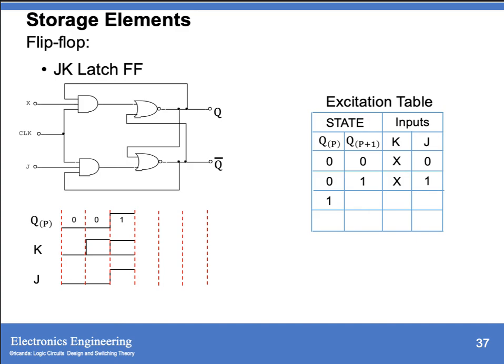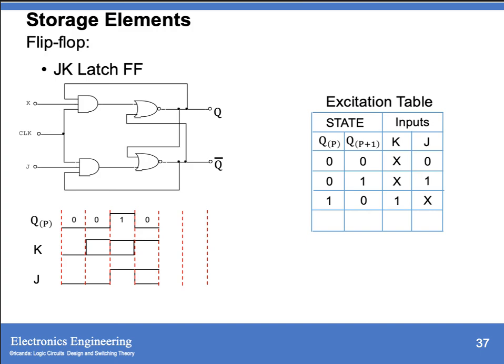Then if your previous output is 1, then going to 0, so you have to make your K equals to 1 and J equals to 0. Or make our J also equals to 1. So if we have 0 for J and K is 1, then your Q will be 0. But both input J and K are all 1, it is toggle.